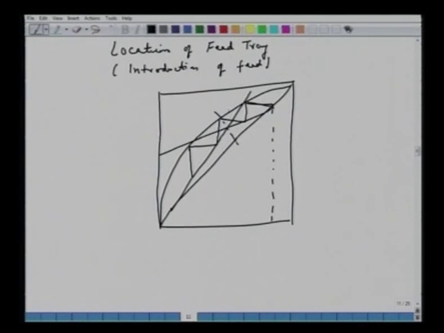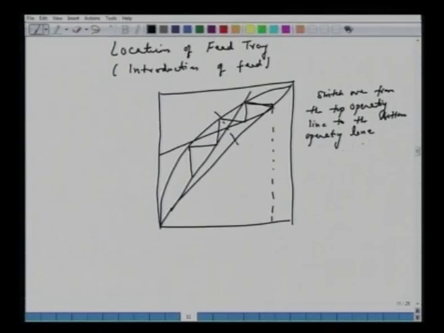All right. So essentially here we switch over from the top operating line to the bottom operating line, which is the operating line of the stripping section.